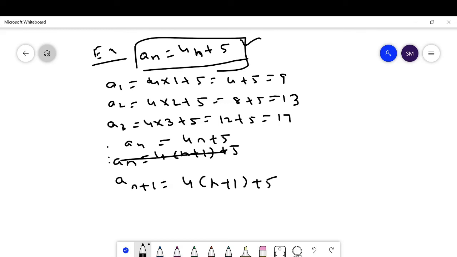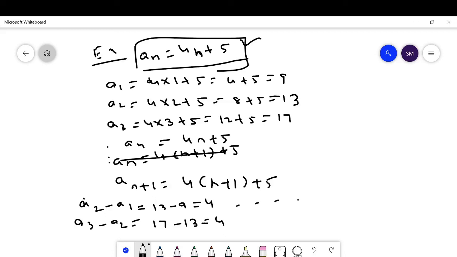If a common difference D exists, then we can say that it is an arithmetic progression. Let us take A2 minus A1, which is 13 minus 9, equal to 4. Then A3 minus A2 is 17 minus 13, which is also 4.